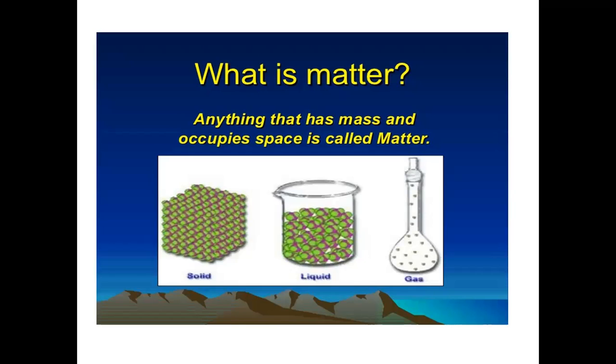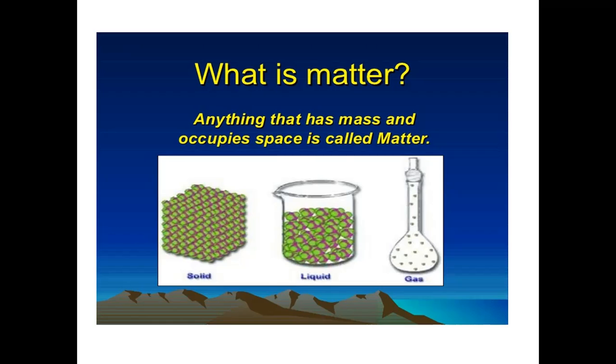Now, what is mass, students? It is the quantity of substance present in an object. Then what is space? Space is the spatial area that is occupied by an object.